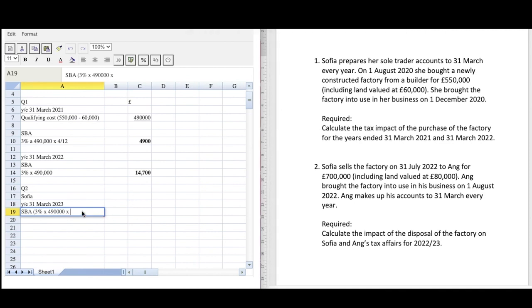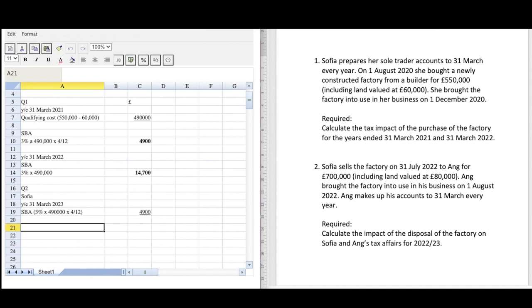So that's going to be 4/12. And that gives us a figure of 4,900. So we'll pop that in here. So that's what she's going to claim for that last period that she's got the factory for.